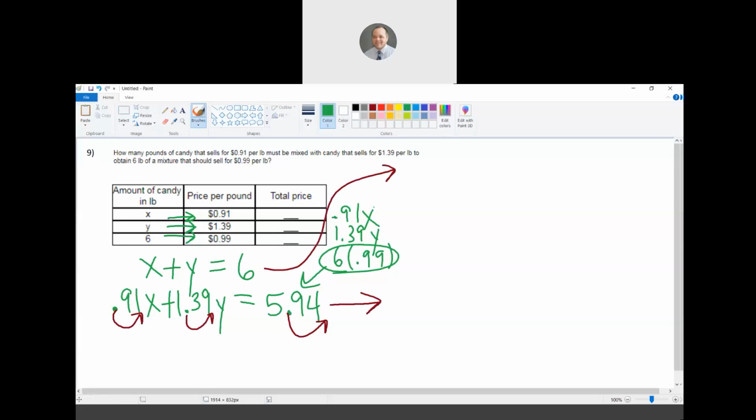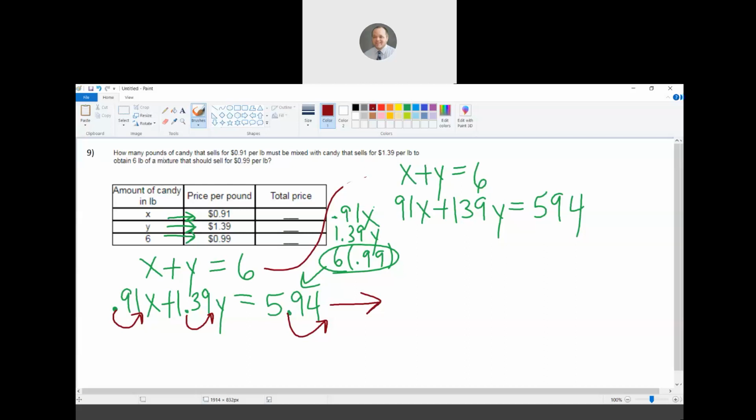So our first equation brings up x plus y equals 6, and our second equation is 91x plus 139y equal to 594. At this point, solve by whatever method you prefer.